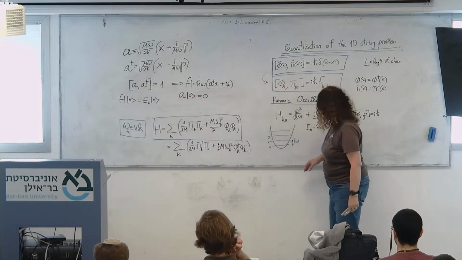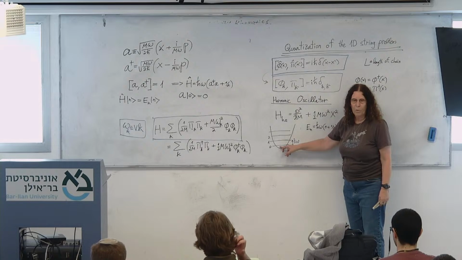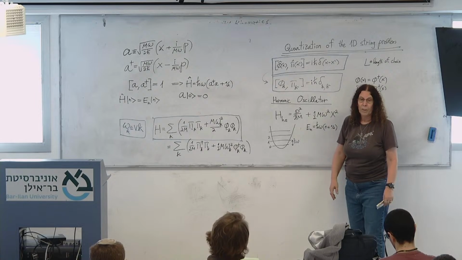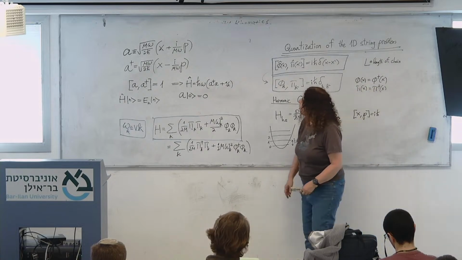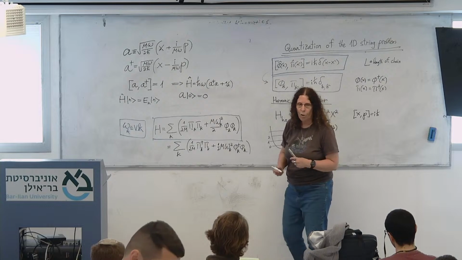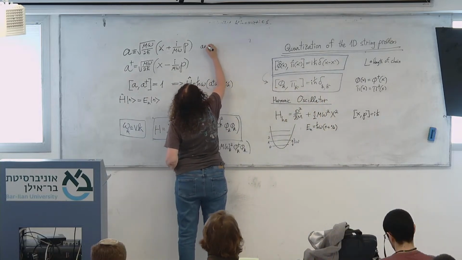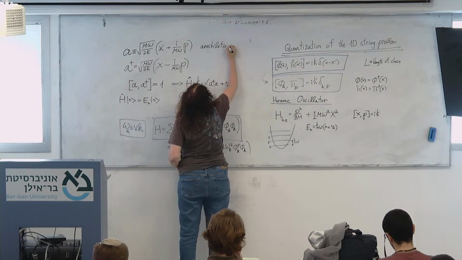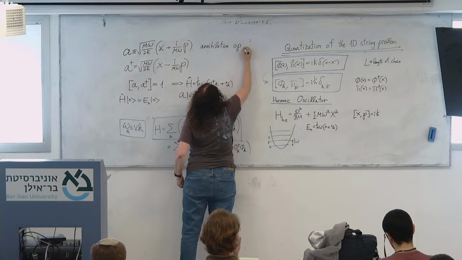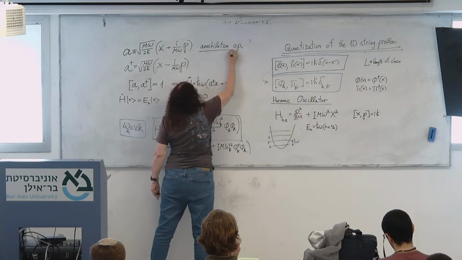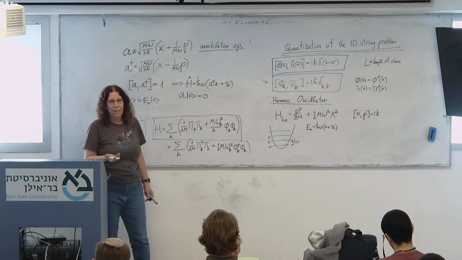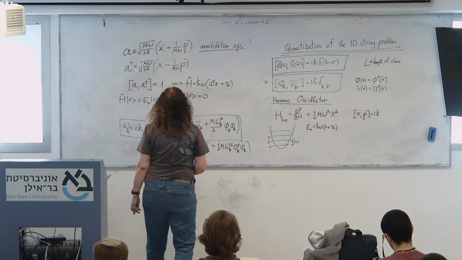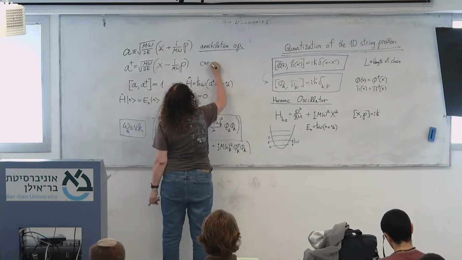The operator a is something that if I apply it on the ground state, it just kills it. It gets 0. So therefore, it is called an annihilation operator. And therefore, what will be a dagger? Creation. That's right.